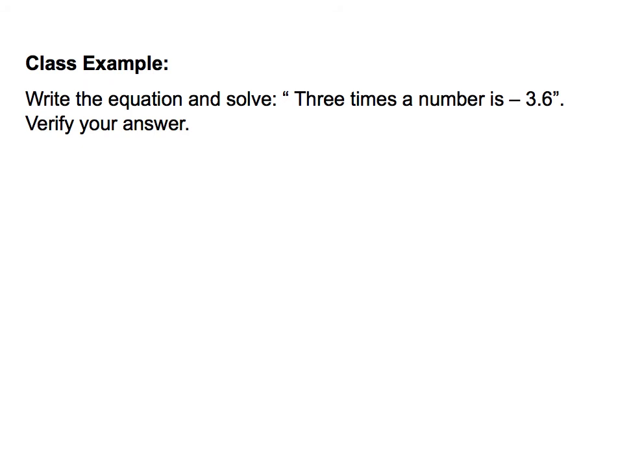So here we have, write the equation and solve. 3 times the number is negative 3.6. Well, it doesn't matter what variable you give this number, I'm going to say n. So n times 3 is equal to negative 3.6.